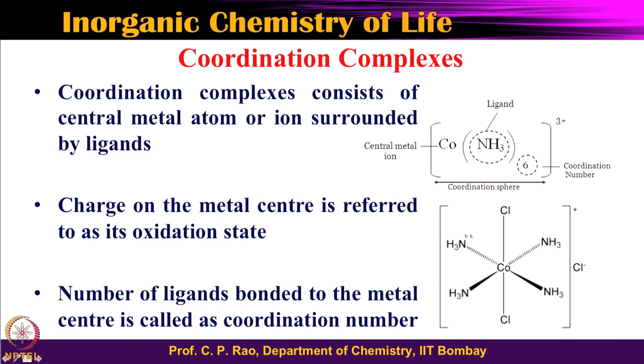This basically tells you there are 4 neutral ligands, 2 anionic ligands, and there is a positive charge, therefore cobalt is 3 plus. So, the cobalt oxidation state is again 3 plus, and the total coordination number is 6, and it has 1 plus charge, which is then compensated by the chloride ion outside.